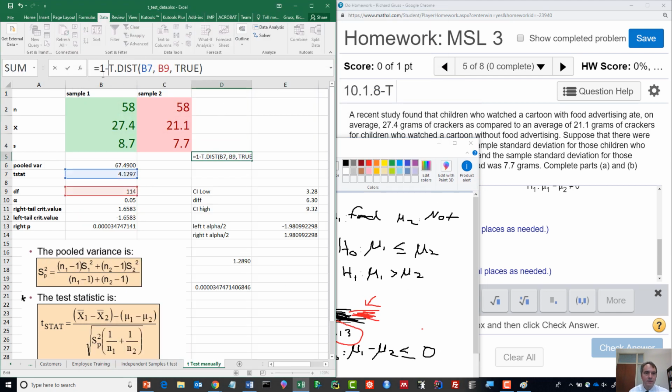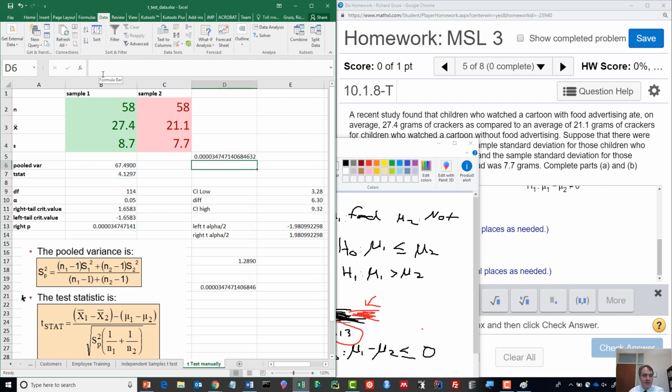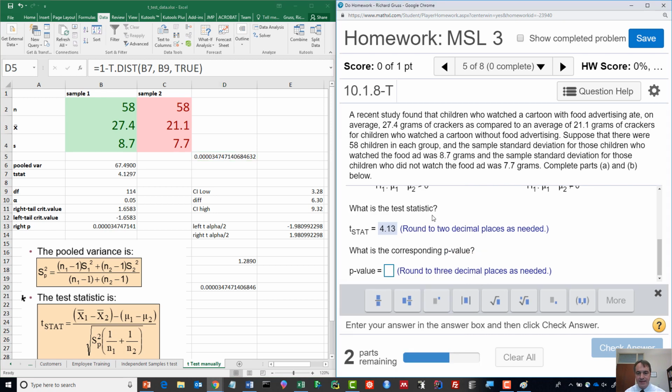So 1 minus that, and we see that it's a very, very small value because that's a very large test statistic. And if you look down, you'll see that this is the same as the value that's down here. It's called right P. But these two numbers are the same. I just wanted to show you step by step how you go about finding that.